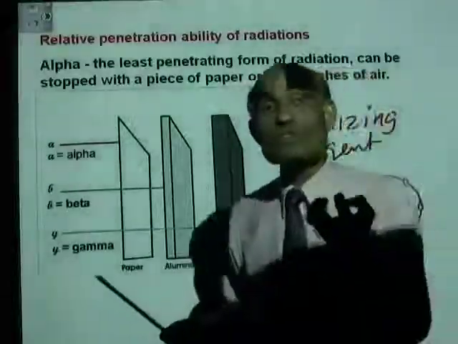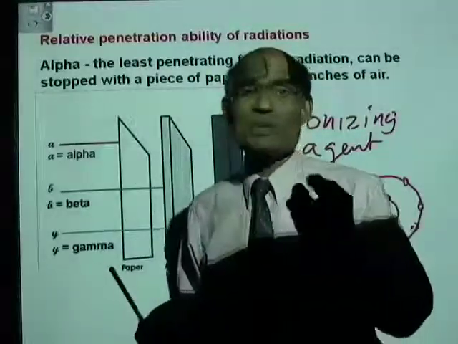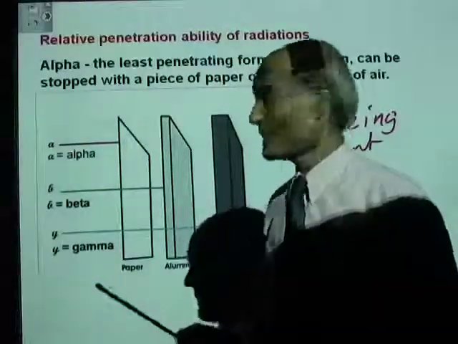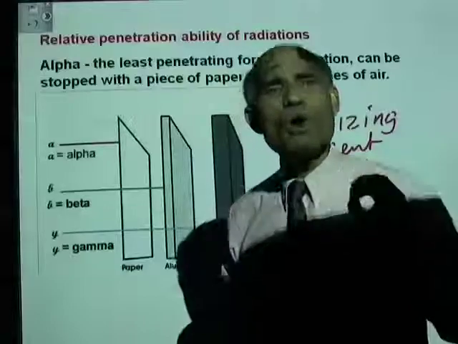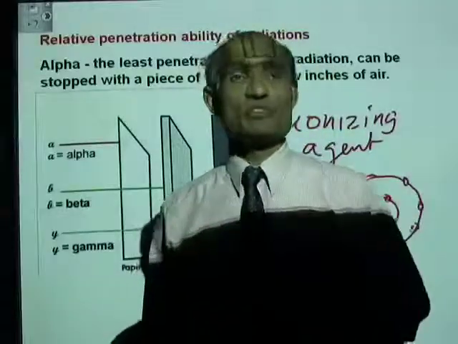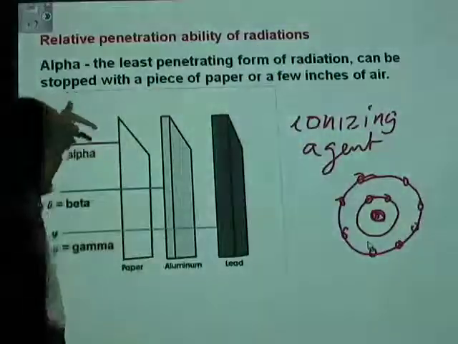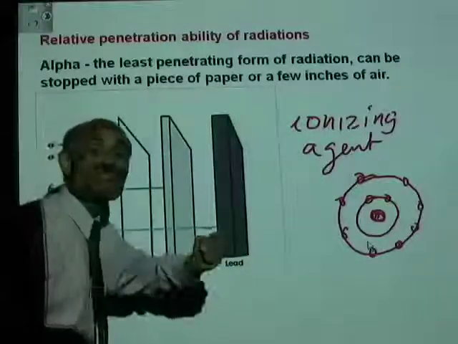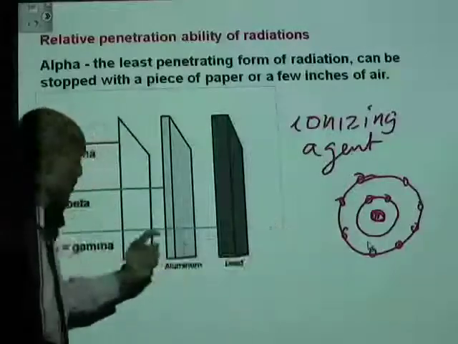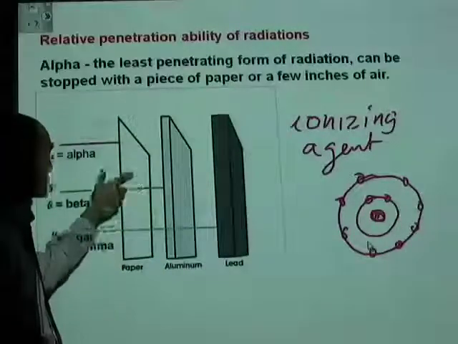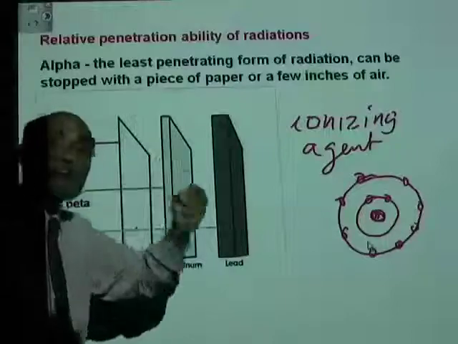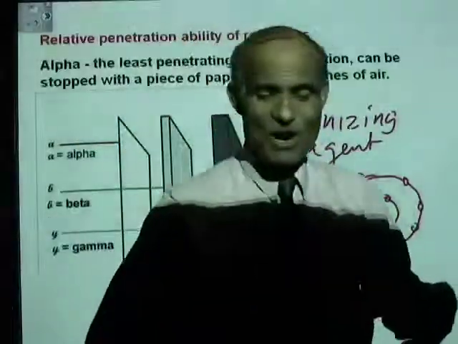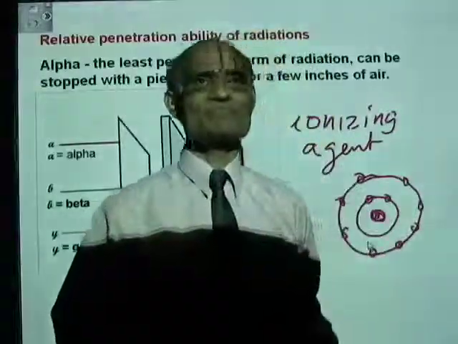Beta radiation also can produce ions, but not as effectively as alpha. But gamma radiations are very poor ionizing agents. So you can see, as the penetration ability increases, the ionizing ability decreases, or as the penetration ability decreases, the ionizing ability increases. That is something that you must know of these radiations. All right.